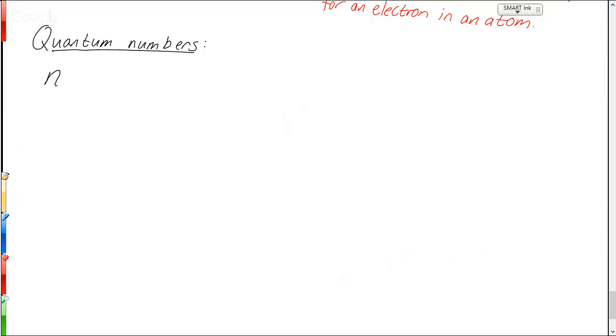The first one is n, which is the principal quantum number. And this one we already kind of know. This is the good old energy level quantum number from the Bohr model.